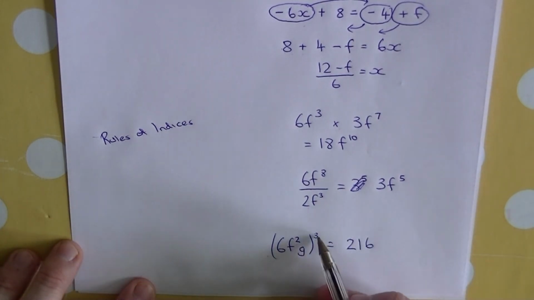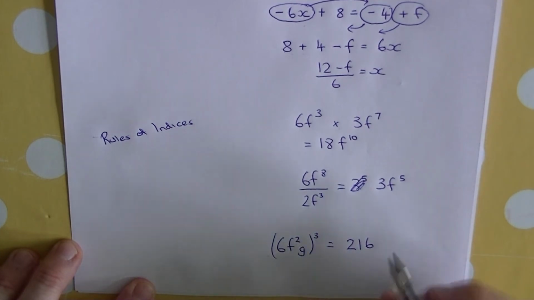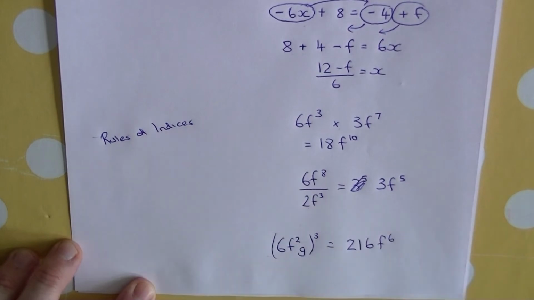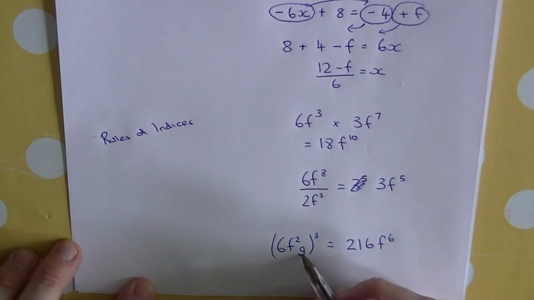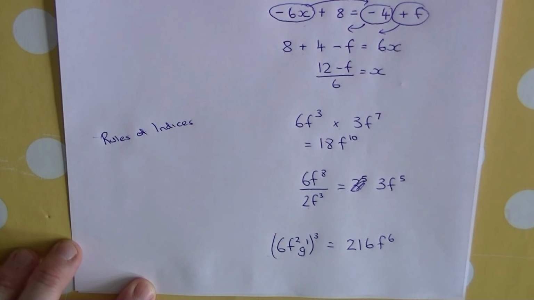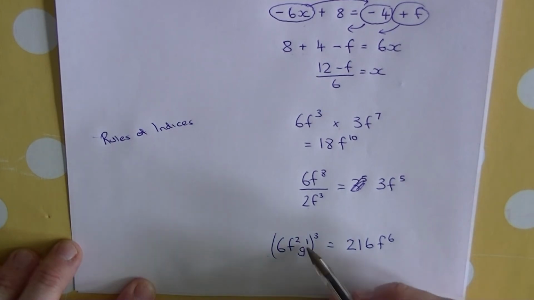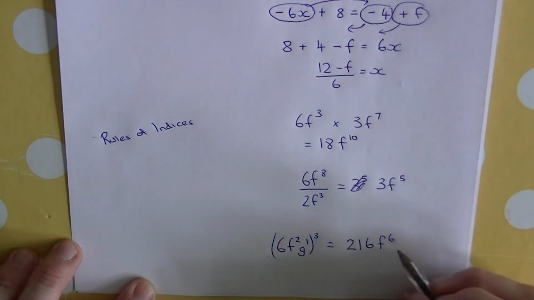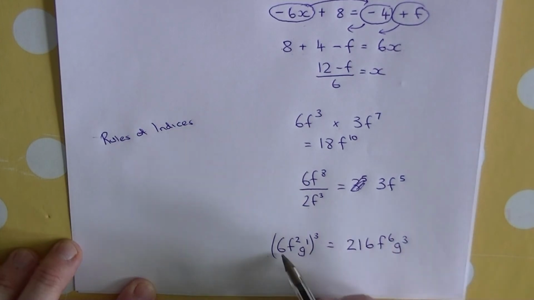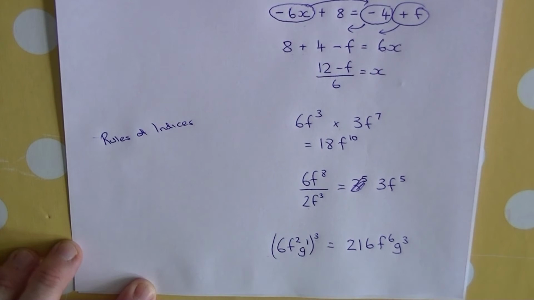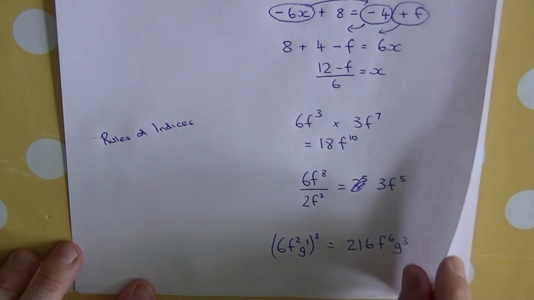F squared cubed, okay, we can multiply these indices, 2 times 3, so it becomes f to the power 6. And think about this g as g to the power 1. Okay, so this time we're doing 1 times 3, so it becomes g cubed. So 6 cubed, f squared cubed, and g to the power 1 cubed, giving you that answer.